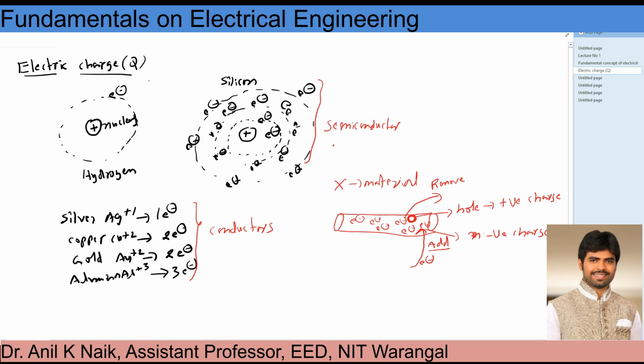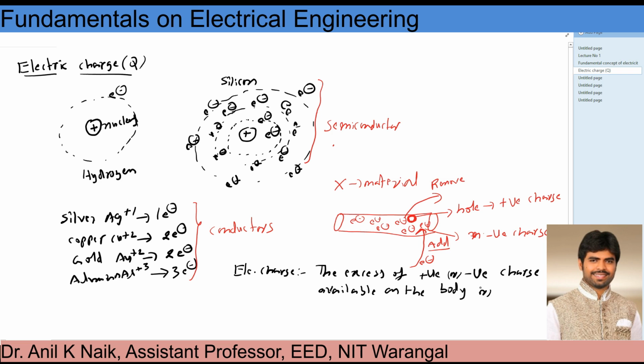Then what is electrical charge? This electrical charge can be defined as the excess of positive or negative charges available on the body or surface of the conductor, surface of the atom.